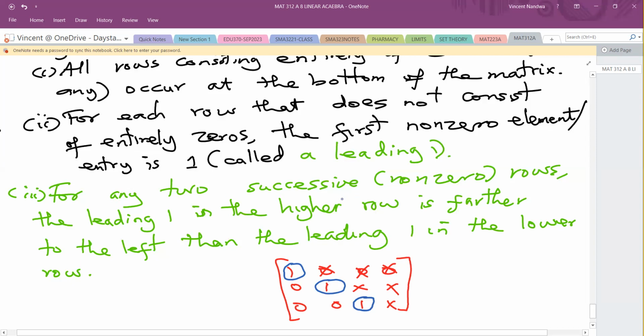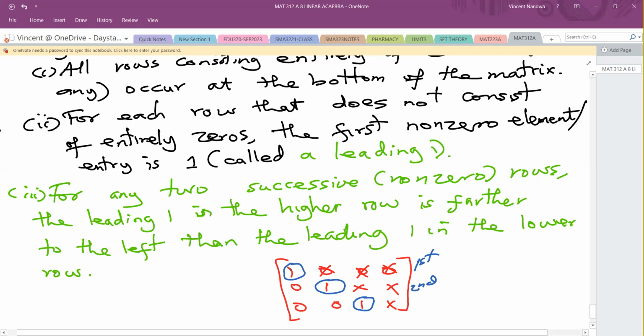This is saying that for any two successive non-zero rows, for example the first and second rows, the leading one in the higher row, the row above the other row, is further to the left than the leading one in the lower row.